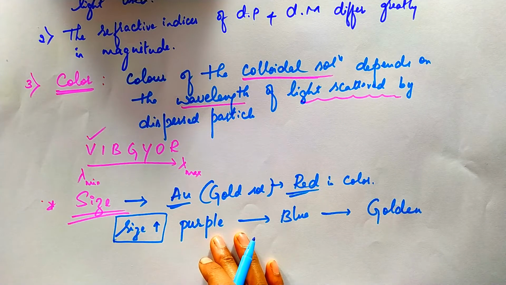Next, let us move on to the fourth property of colloidal solution. The fourth one is Brownian movement.